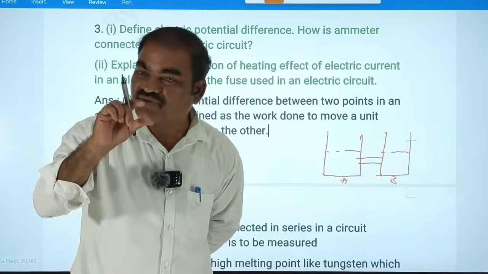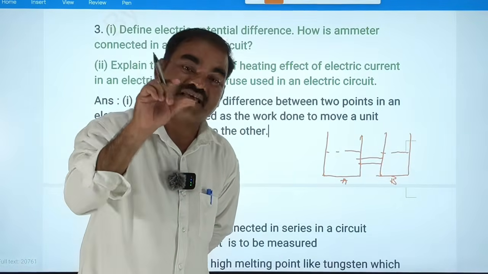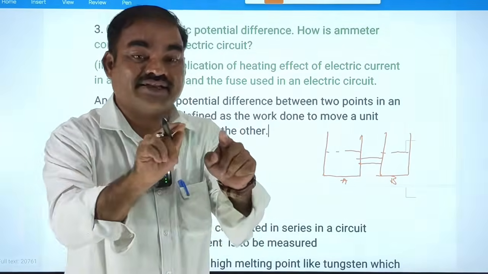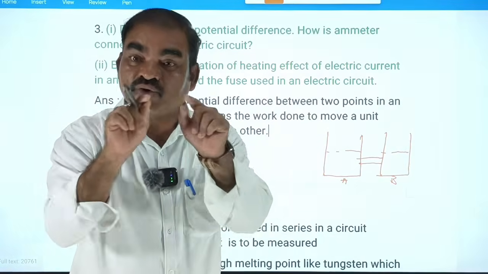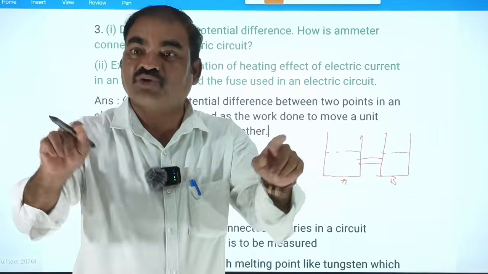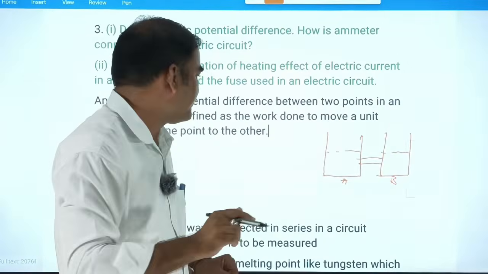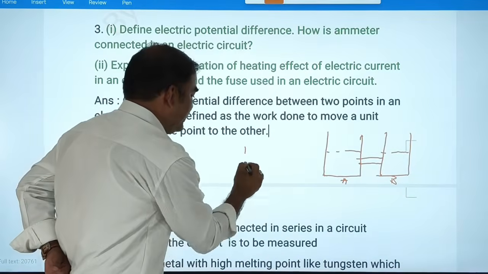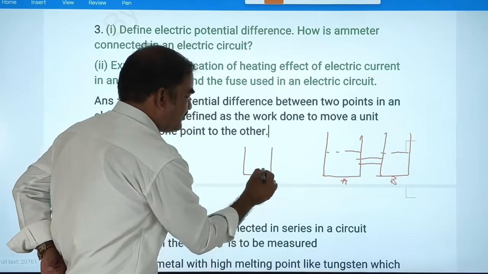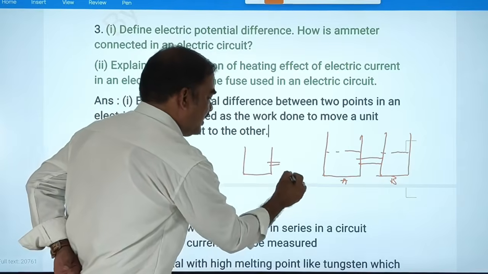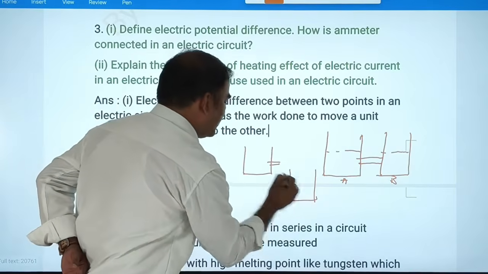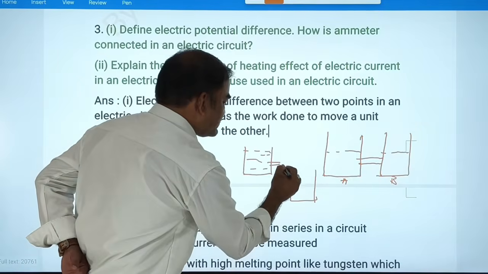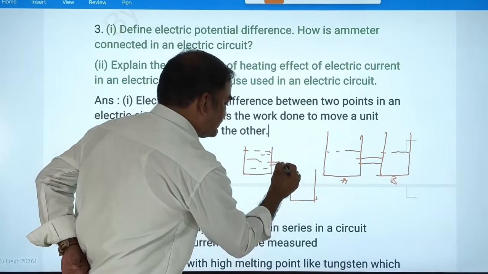If we are using a cell, in a cell also the same amount of potential will be there when it is not connected to a closed circuit. You know what you mean by a closed circuit and an open circuit. Now here the same amount is there. This one I will change here: I will take one water bottle and a pipe, and one more water bottle I will keep here, connected to it.